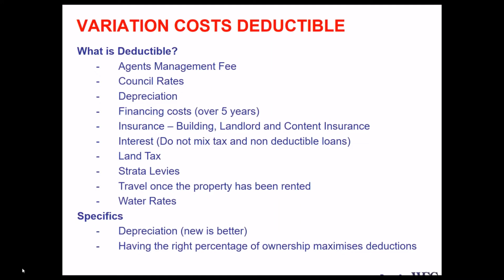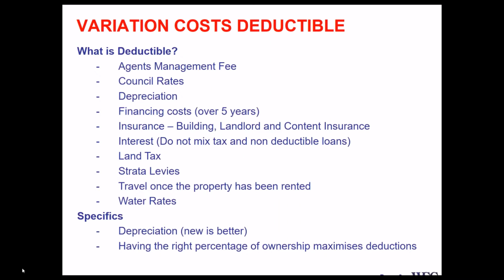You have to be a little careful if you have one-off capital costs and sinking funds. You can see that once the property has been rented, and for properties during construction where people travel to them, the actual costs of that travel aren't deductible. So that's why we've specifically put in there travel once the property has been rented, and also water rates.